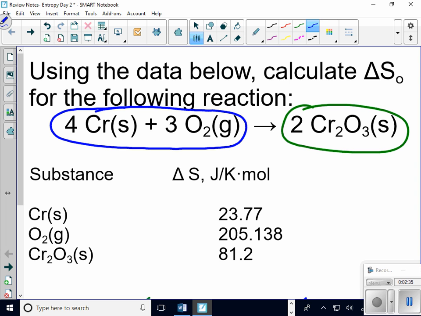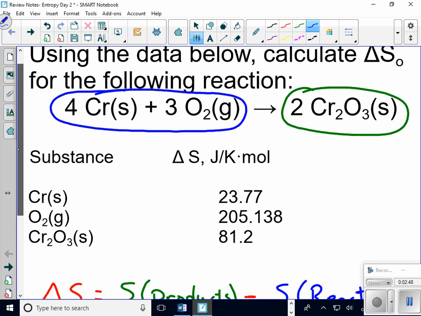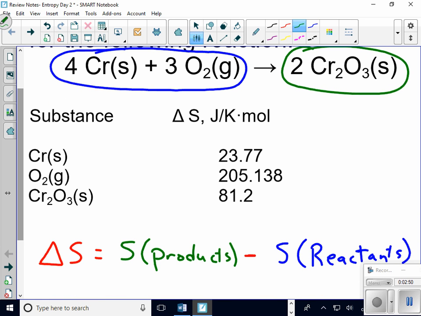That is not the way it happens. Products minus reactants. So, I'm going to first do my products in green down here. Chromium 3 oxide is my product. And how many are made? 2 of them, right? That is important.